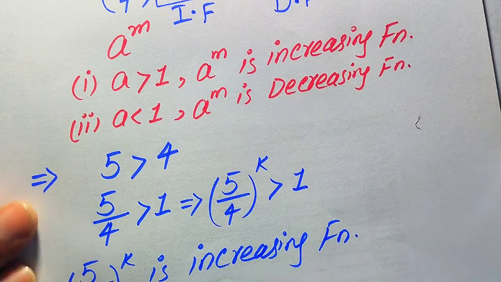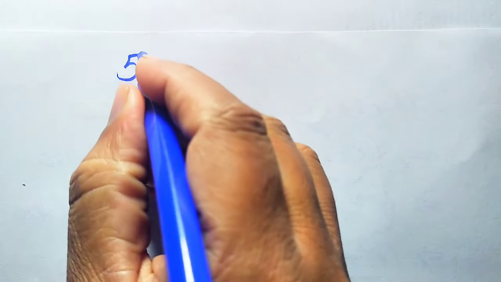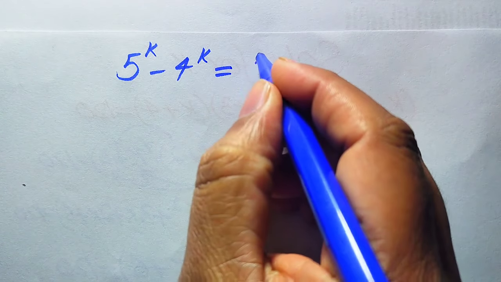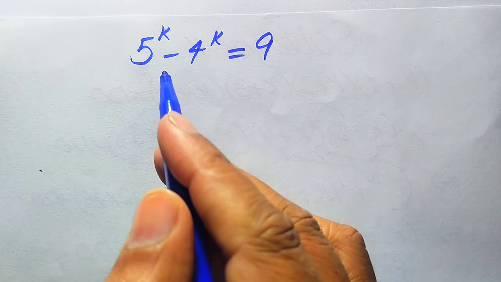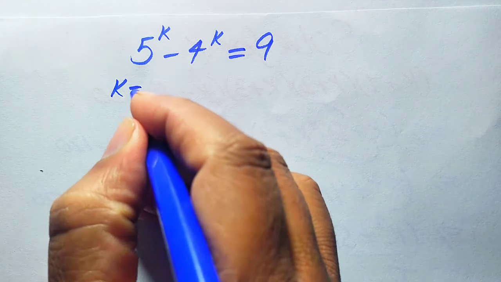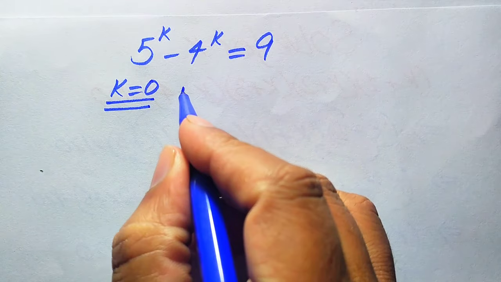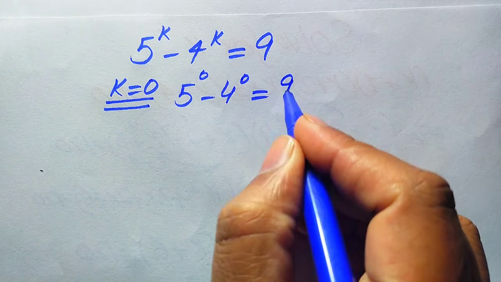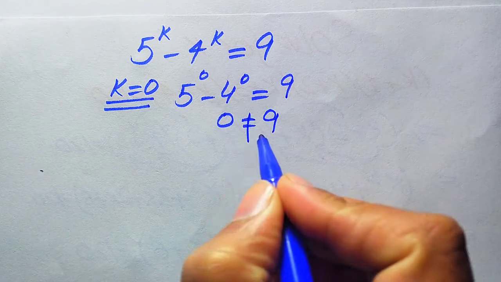In order to find this point, we copy down the given question, 5 to the power of k minus 4 to the power of k equals 9, and we find the value of k by inspection. If we choose k equals 0, it becomes 5 to the power of 0 minus 4 to the power of 0 equals 9, which is 0 equals 9. This is not possible.